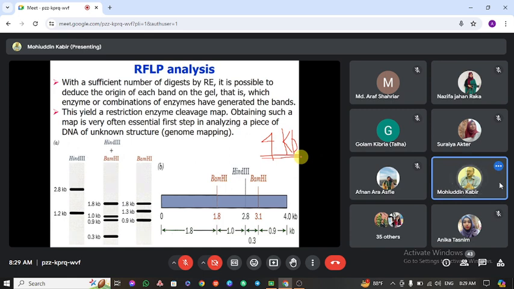Since we do not have any information, we need to digest these unknown DNA fragments with defined restriction enzymes.